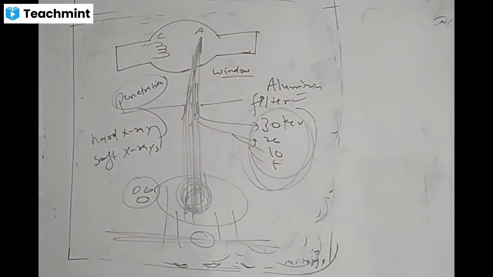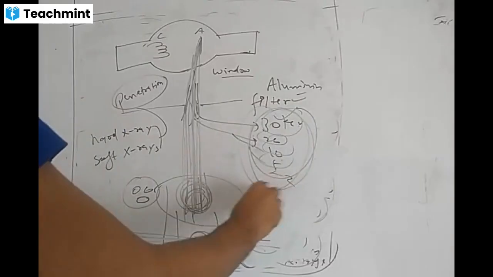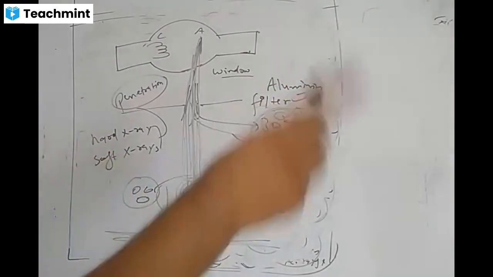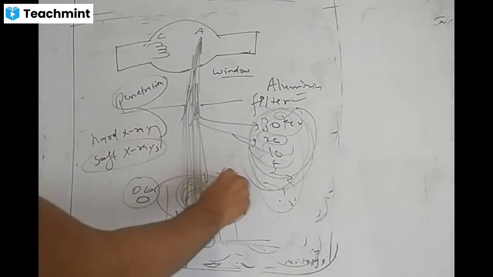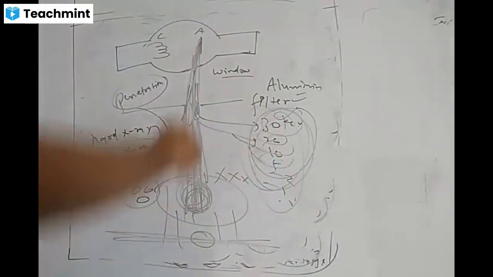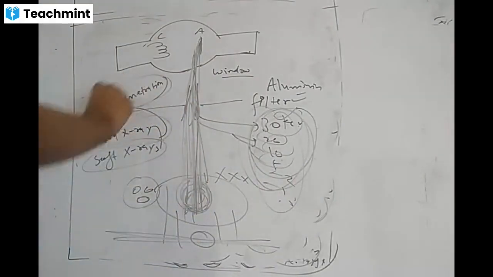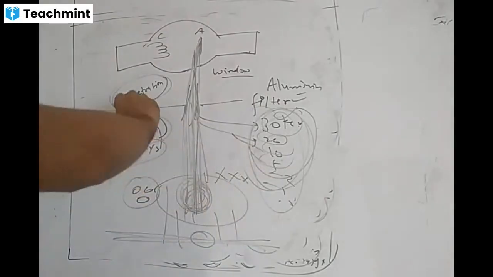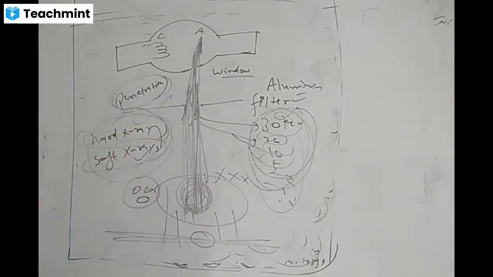Can you think which is soft and which is hard? X-rays of 30 kilo electron volt, 20, 10, 5, 2, 1.5, all these are soft X-rays. Why? Because they come but are unable to penetrate. Hard X-rays are those of high energy, and they penetrate. Based on this penetration, we call some hard and some soft. This was your MCQ in 2020.